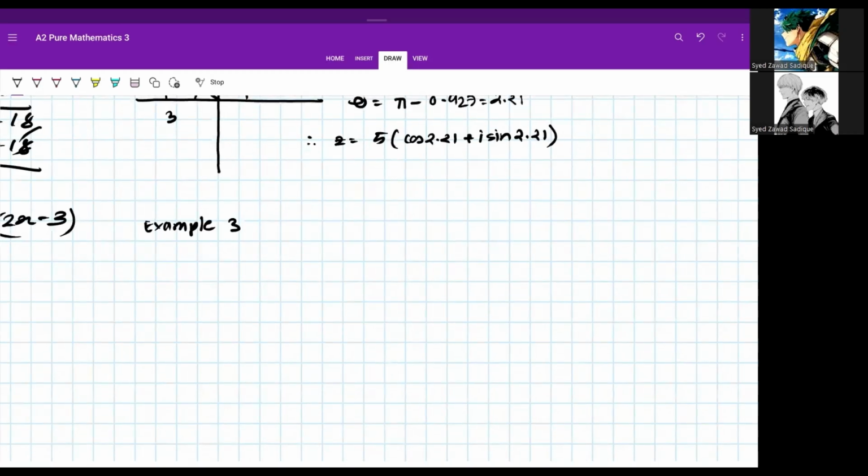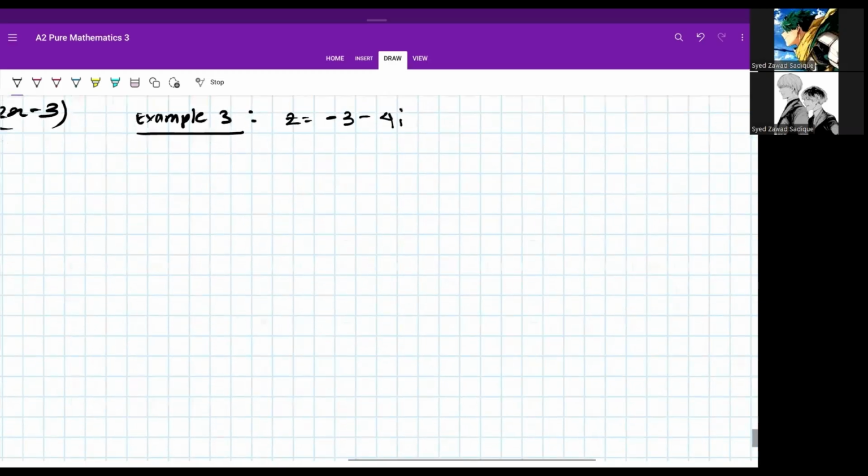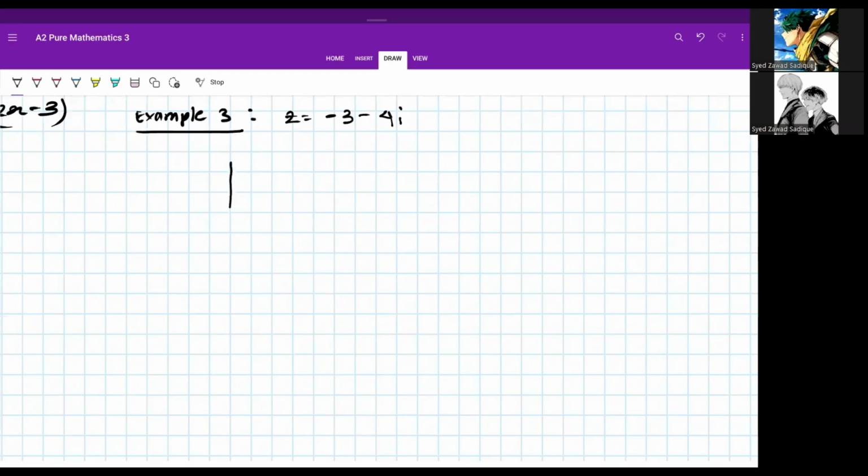Example 3. z is equal to minus 3 minus 4i. The graph will look something like this. As both are negative, this is minus 4, this is minus 3, this is alpha, this is theta.